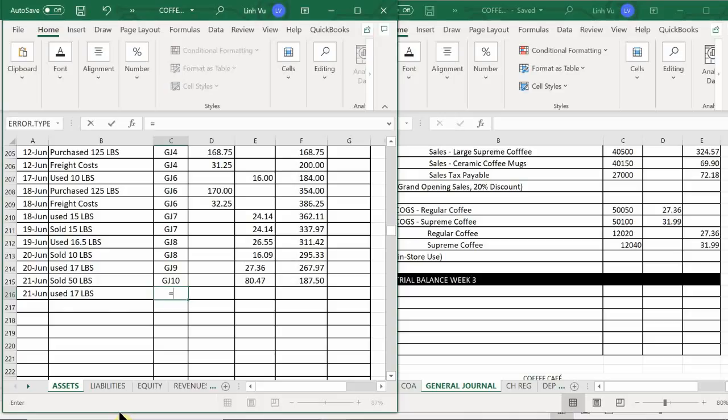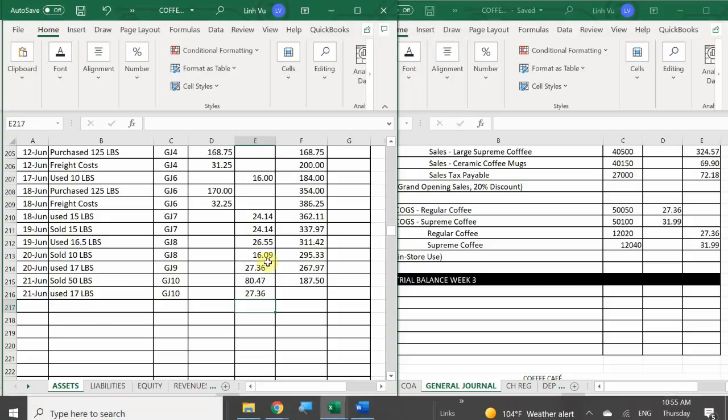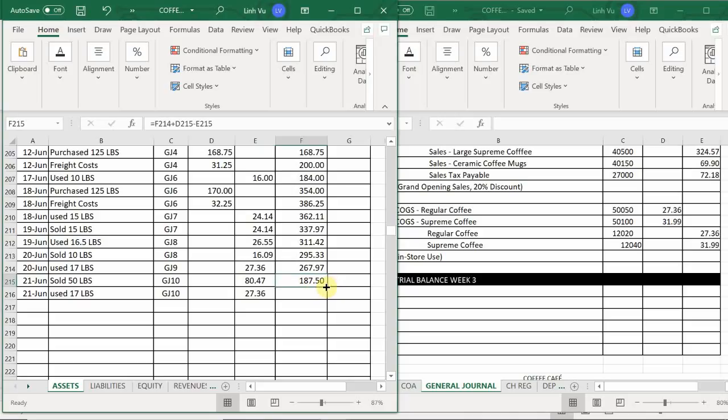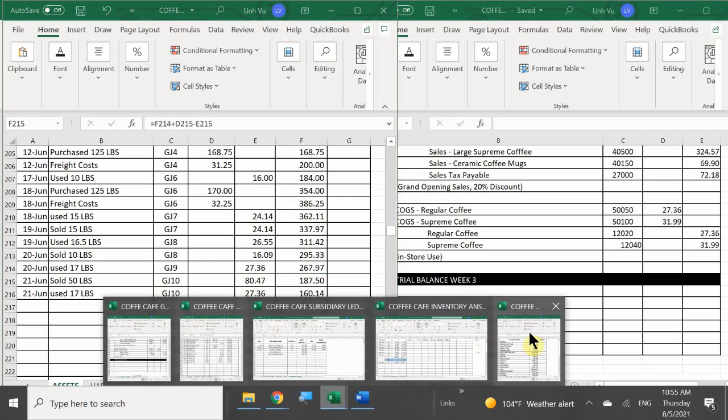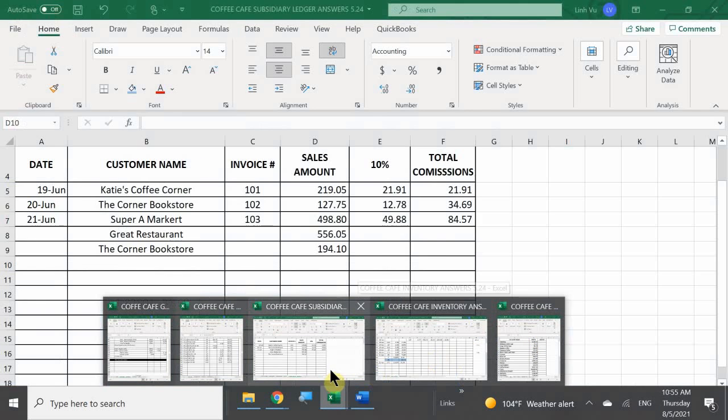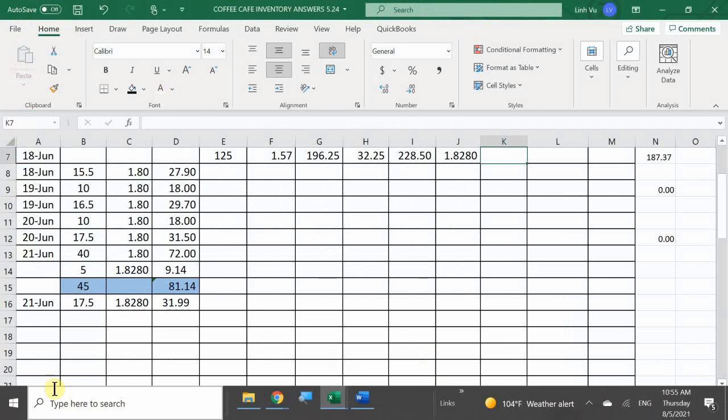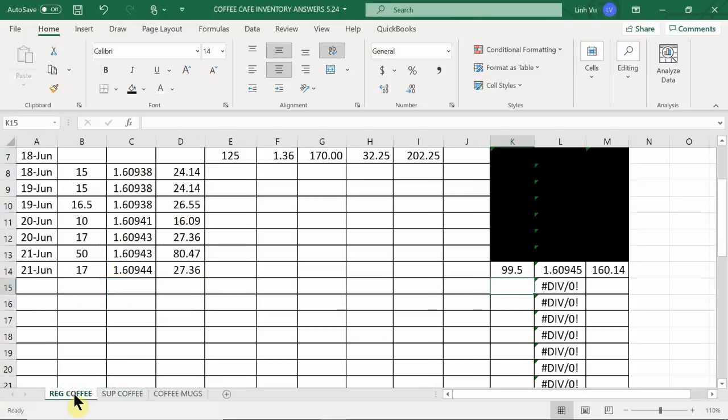Used 17 pounds, General Journal 10, for the amount of $27.36, which then brings my account balance to how much, guys? 160.14. Did we get that in our inventory worksheet? 160.14. Yes, we did.